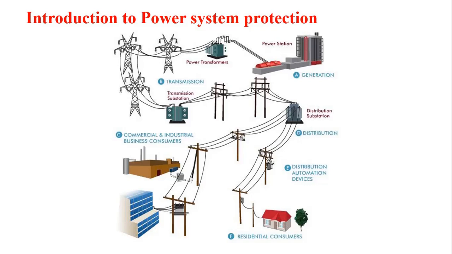That's why we have to erect a huge network for providing power to the consumers. And in between, a fault can take place at any place at any time. So first of all we have to know which type of fault is taking place as well as where.